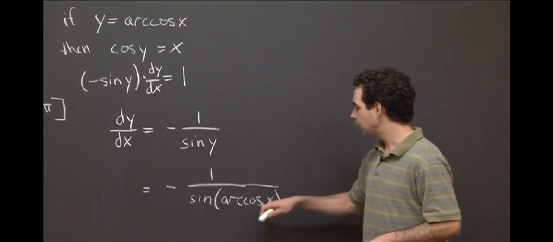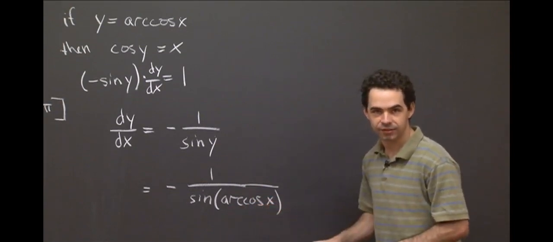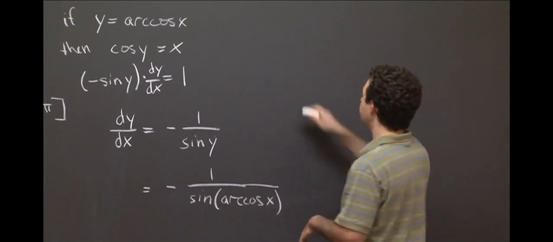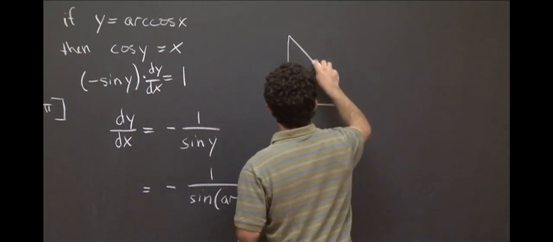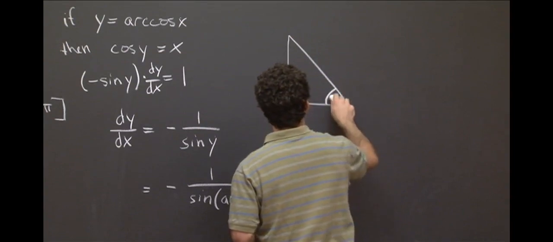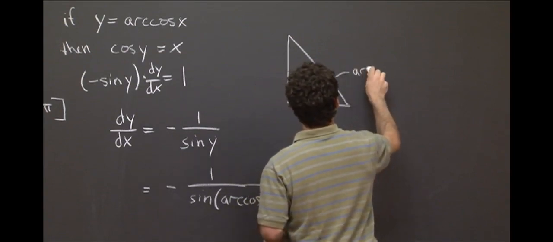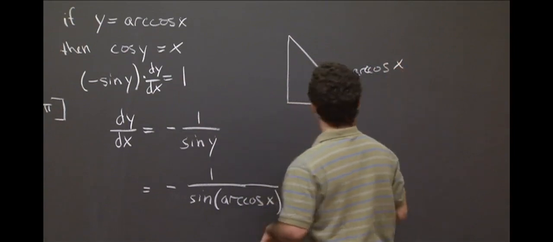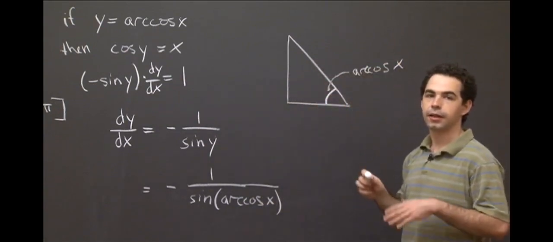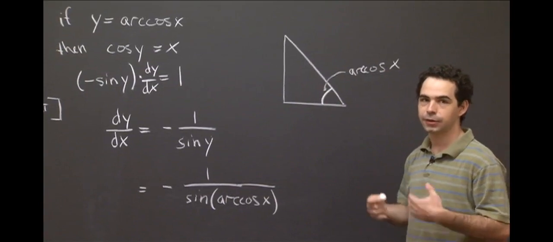That is the angle whose cosine is x, right? So if you draw a right triangle, and you make this angle arccosine of x, well, that angle has cosine equal to x.